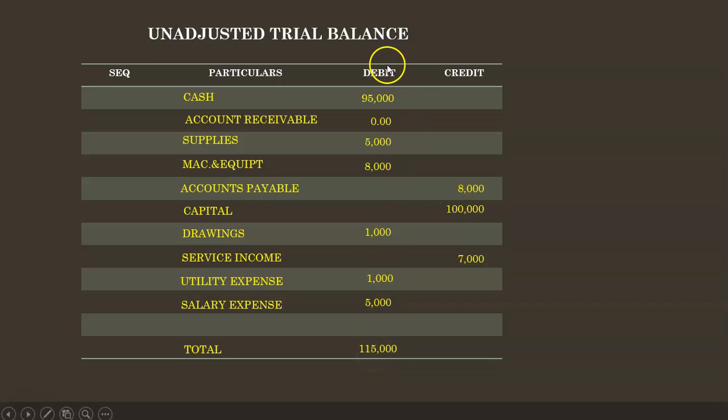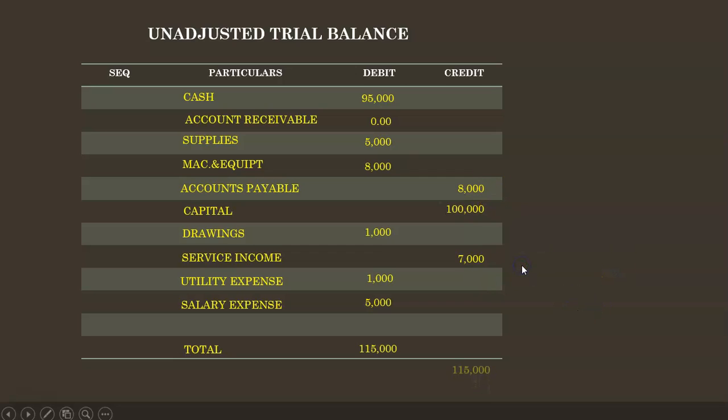And after getting the total of the debit column, we will now proceed to get the total of the credit column or the credit side. So 8,000 plus 100, that is 108,000. Plus 7, that is 115,000.